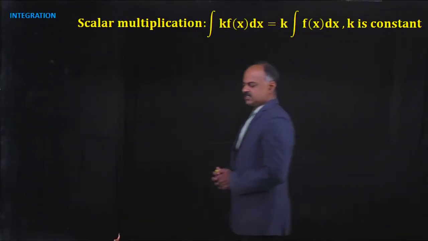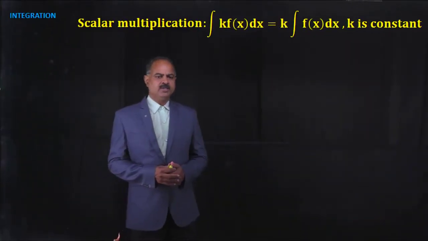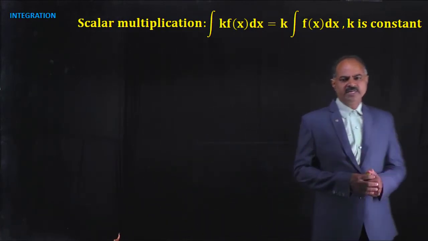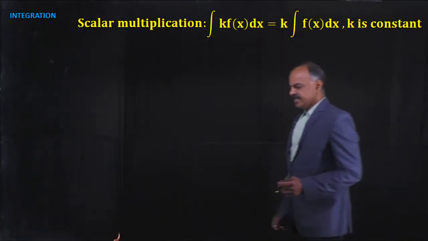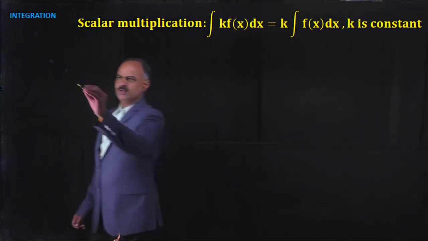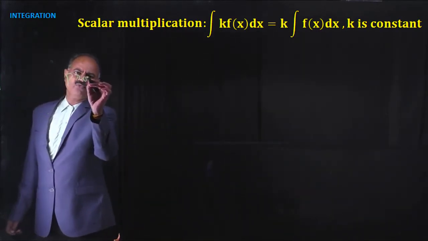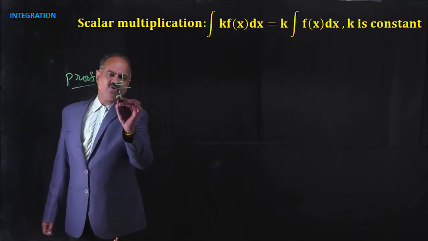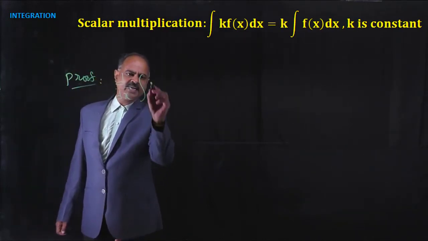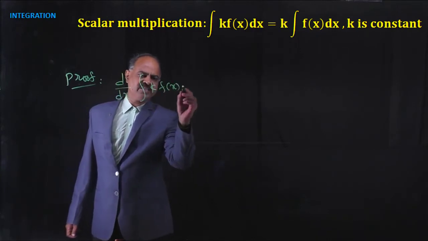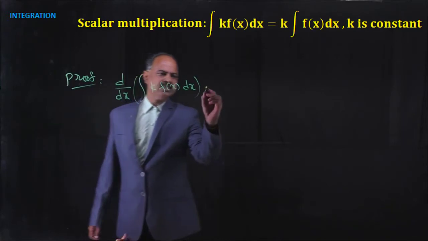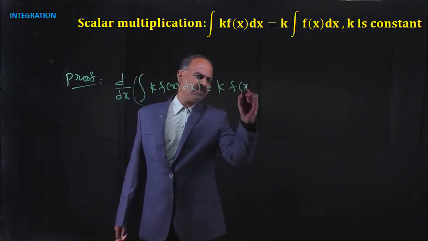Next, scalar multiplication. Integral k into f of x dx equal to k into integral f of x dx, k is a constant. Proof. d by dx of integral k into f of x dx, that is equals to k into f of x.